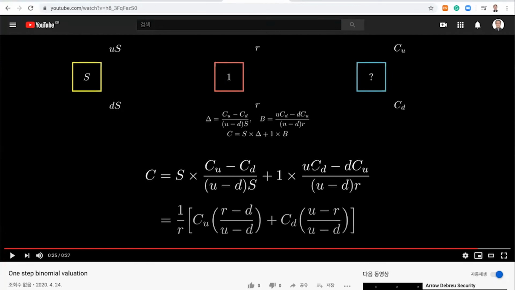So that means you just take all the terms with CU on one side, and all the terms with CD on the other hand side, and then you can derive this formula.